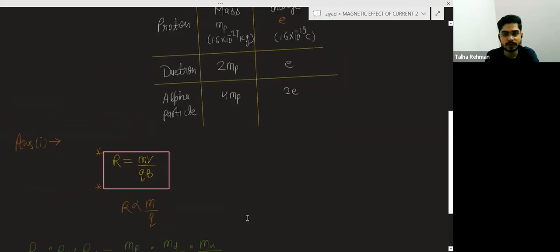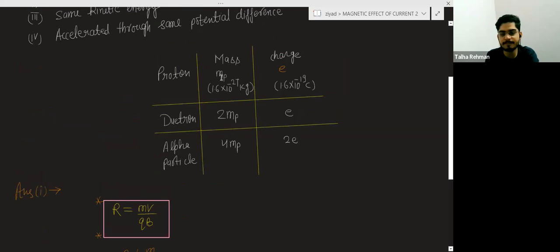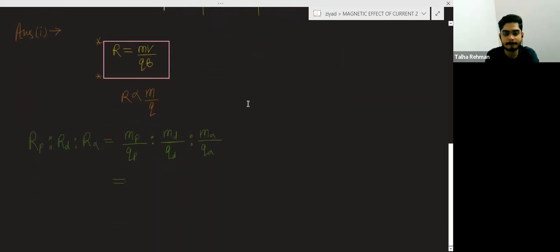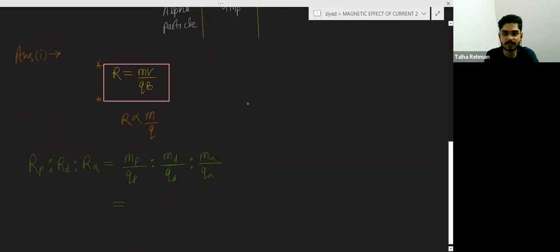Mass of proton is represented by mp. I am just copying this table here.